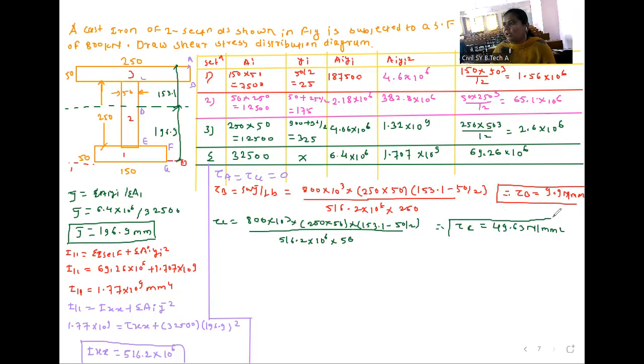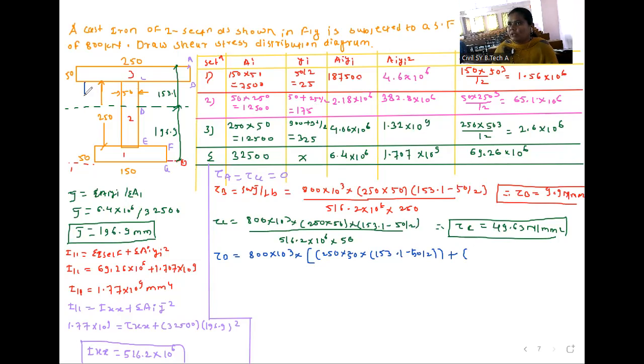After that, you have to calculate at D. So tau D is equal to 800 into 10 raised to 3 into 250 into 50 into 153.1 minus 50 by 2, this first bracket closed, plus this strip.